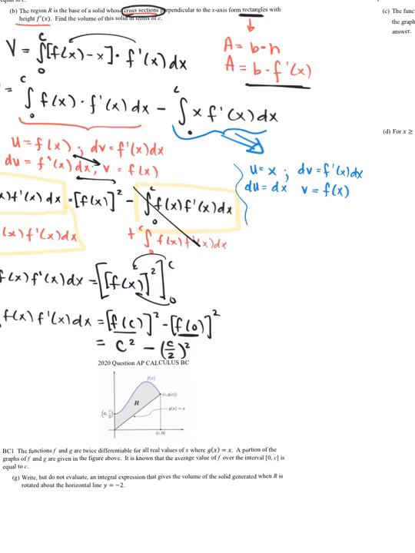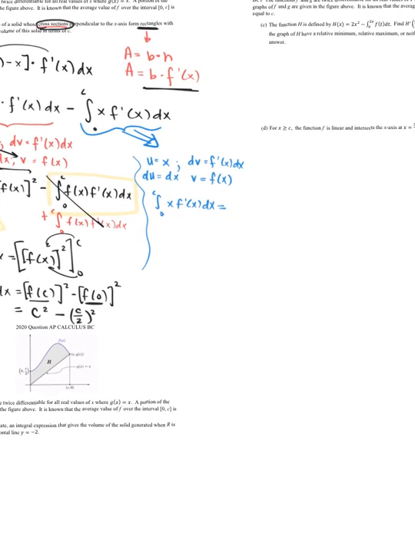So then the integral from 0 to c of x f prime of x dx is going to equal uv, and it's a definite integral, so from 0 to c, minus the integral from 0 to c of v du, which is just f of x dx.